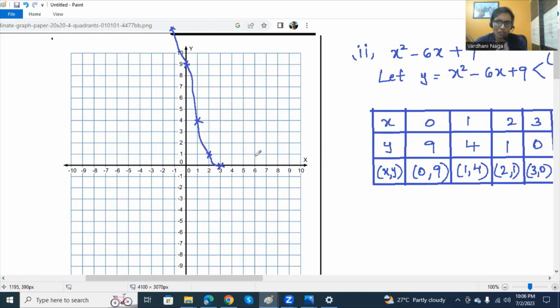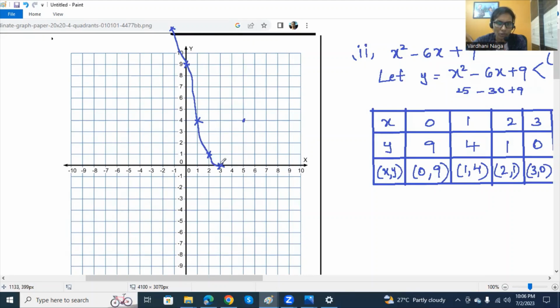If we take 5, what will happen? 5 square is 25, 25 minus 6 5s is 30, plus 9. So 25 plus 9 is 34, and 34 minus 30 gives 4 simply. So if I take 5, I am getting 4, right? So somewhere around here.